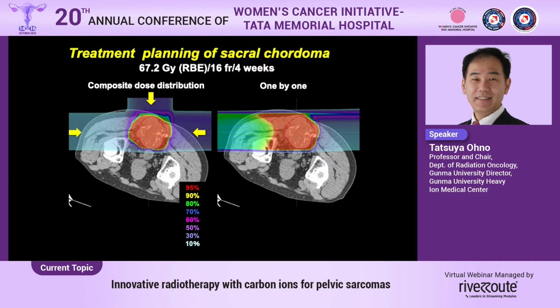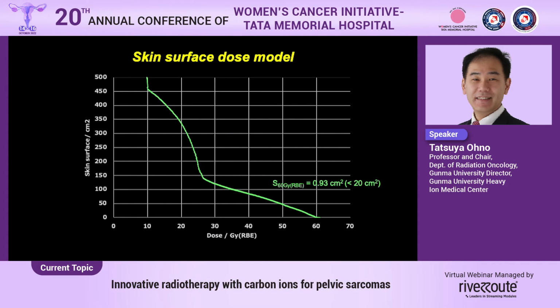This slide shows composite dose distribution on the left, and I will show each beam on the right. You can see the delicate beam arrangement to achieve aimed dose distribution. Skin is one of major organs at risk in particle therapy.